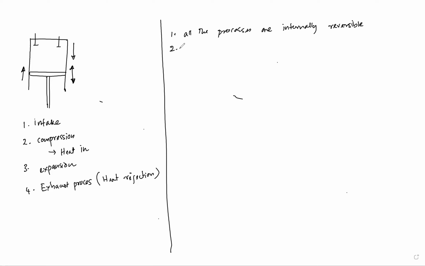And then also we assume that the working fluid is air throughout the cycle. That is not the case actually. In fact, we know that it burns and has different gases.